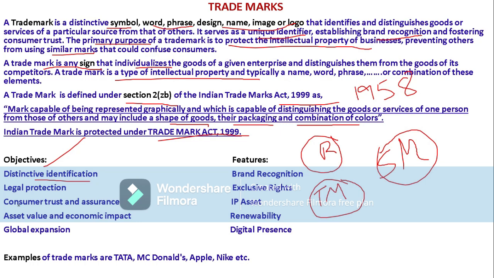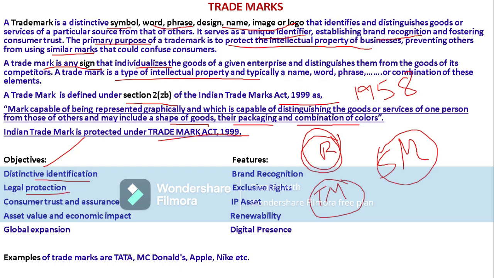And if we see the legal protection, what does legal protection mean? Trademarks serve as a legal tool to protect the intellectual property of the business. How can a business be protected through trademarks? By registering a trademark. As I said before, R means registered trademark.